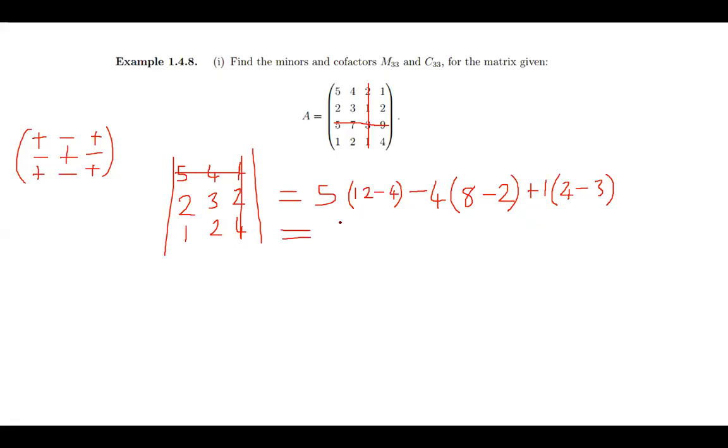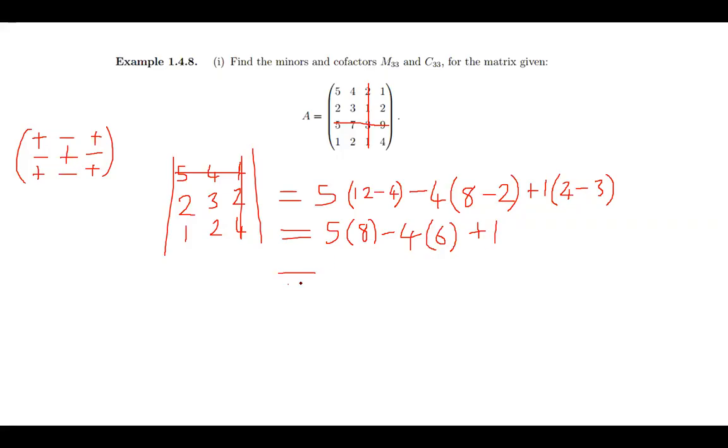So this is going to be 5, open brackets, 12 minus 4, I'm going to get 8. And then this is negative 4 times, 8 minus 2, I'm getting 6. And then this is plus 4 minus 3, I'm getting 1. 1 times 1, I'm getting 1.